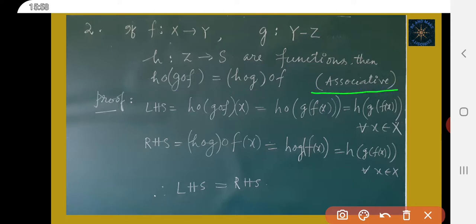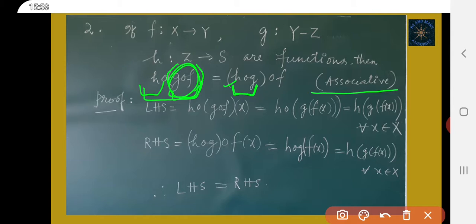This is associative. That means if we find the composition of two functions g and f, and then we find the composition of this function with h, then we get a composite function.